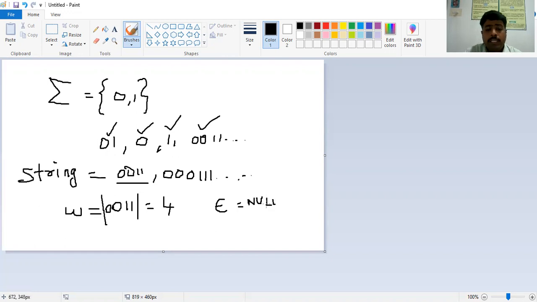This is considered an empty string, where there is no input. The epsilon is the empty string, and the length of the empty string is 0.